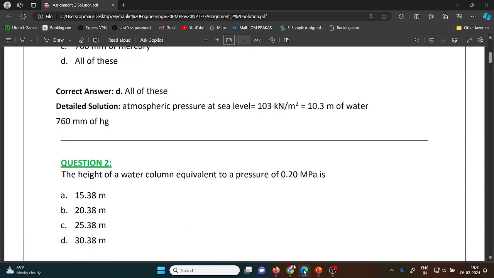Now the second question is: the height of water column equivalent to the pressure of 0.2 megapascal is.